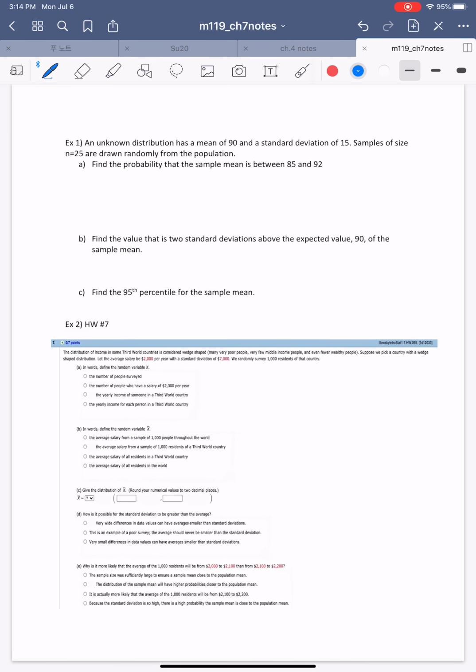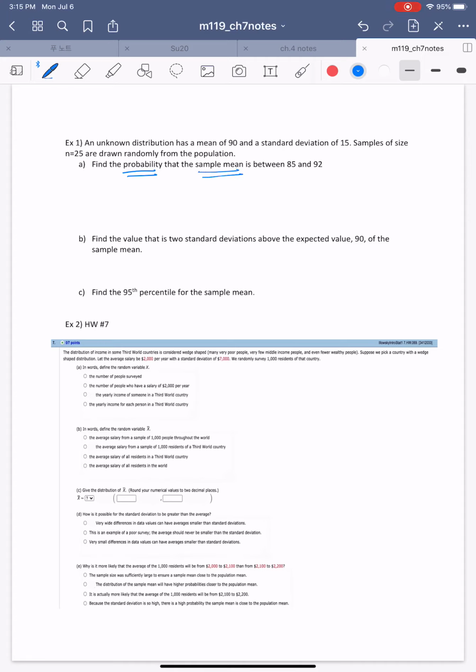Example 1. An unknown distribution has a mean 90 and standard deviation 15. Samples of size n equal to 25 are drawn randomly from the population. Find the probability that the sample mean is between 85 to 92. So a couple of things. I have the word probability. Now I don't see an x. Now your variable is a sample mean.